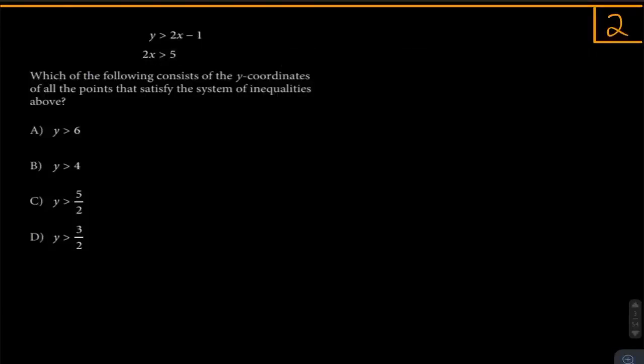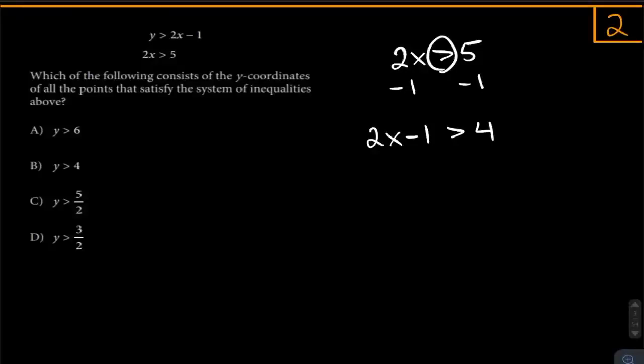We're going to make this thing a 2x minus 1. How are we going to do that? Well, we're going to subtract 1 on both sides, right? And when we do that, we get 2x minus 1 is greater than 4, right? And we don't have to switch the sign here because we're not multiplying or dividing by a negative. So now we know that 2x minus 1 is greater than 4, and we got that from the second equation.